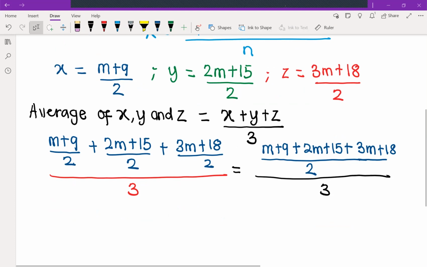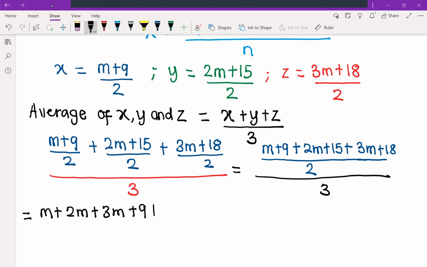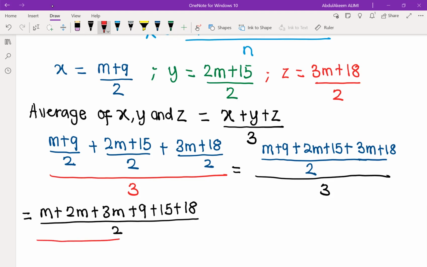So we can solve that by collecting the like terms in my numerator. That will become m plus 2m plus 3m plus 9 plus 15 plus 18, everything divided by 2, and we also have everything divided by 3.